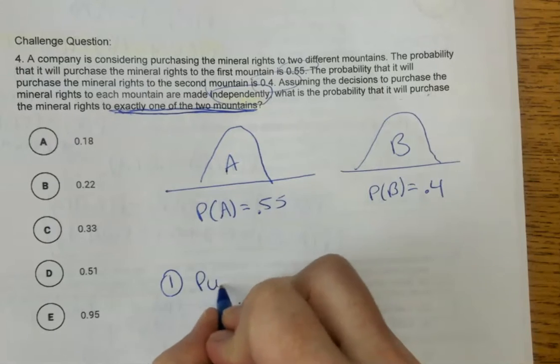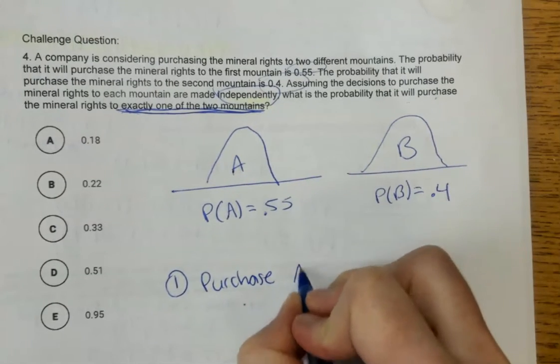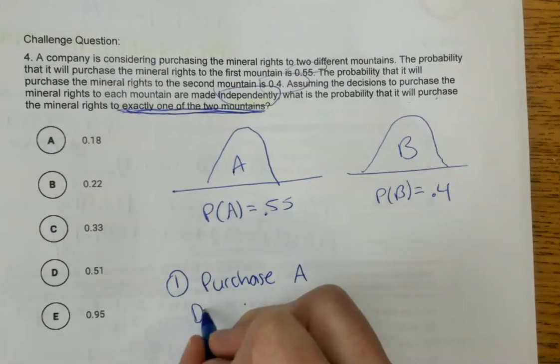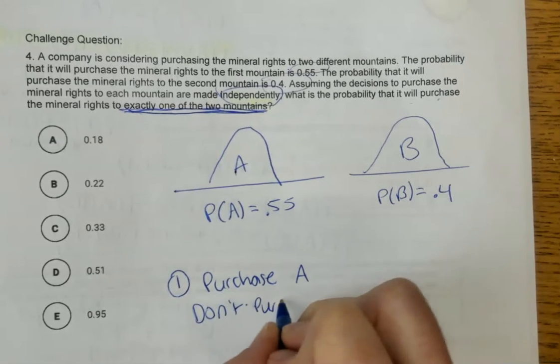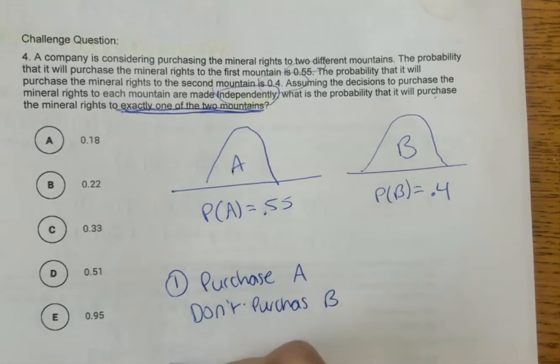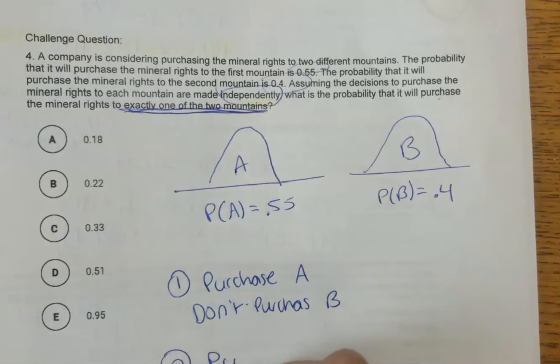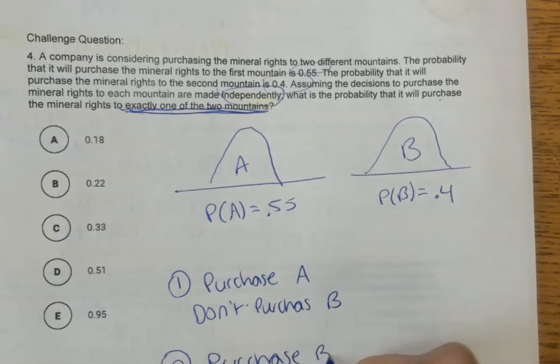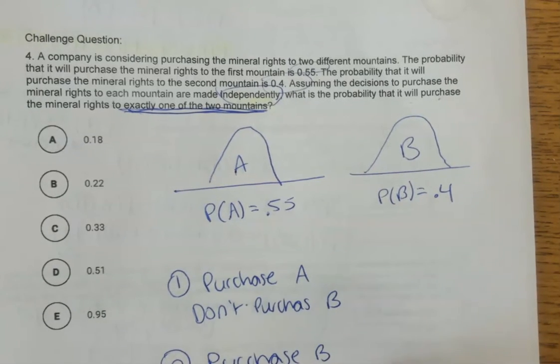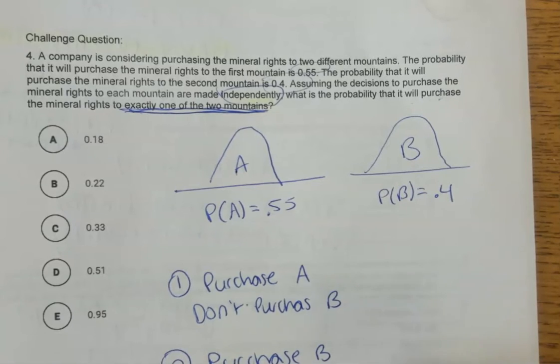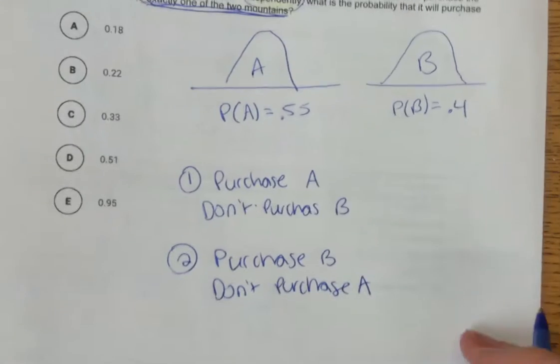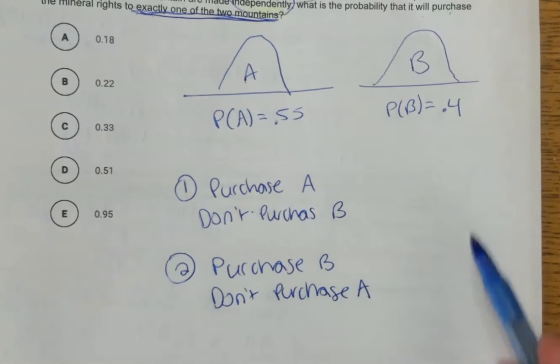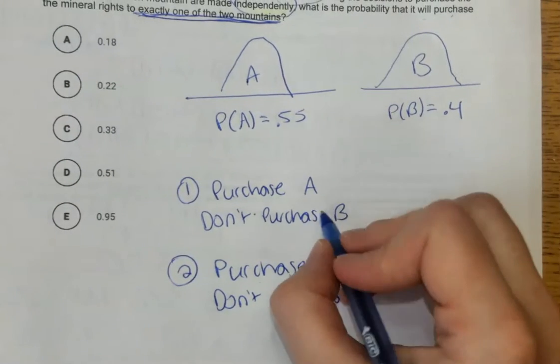Situation number one is that I purchase A and I do not purchase B. Situation number two is that I purchase B and I don't purchase A. Those are my two situations. I think I can figure out the probabilities of them using what they gave us.